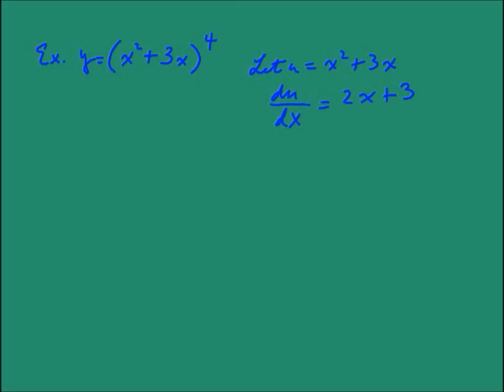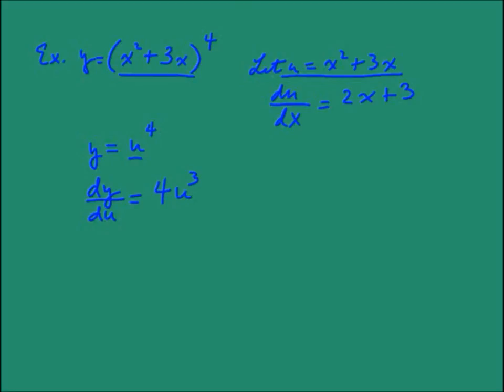That would also mean over here that our function is y equals u to the power of 4, because we said here that u is equal to this. Okay, so I can then substitute x squared plus 3x for the u. We can take the derivative of dy du, and that would be 4u cubed.